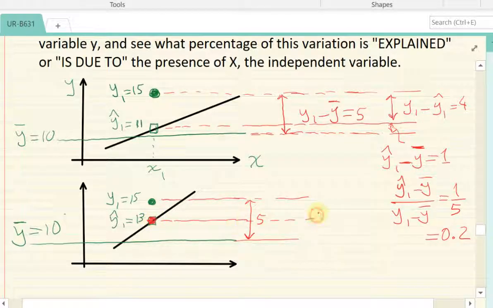So this time this distance is 2, and the distance below it, 13 minus 10, is 3. So if I look at the ratio of this distance, y hat 1 minus y bar, divided by y1 minus y bar, this time that distance is going to be what?